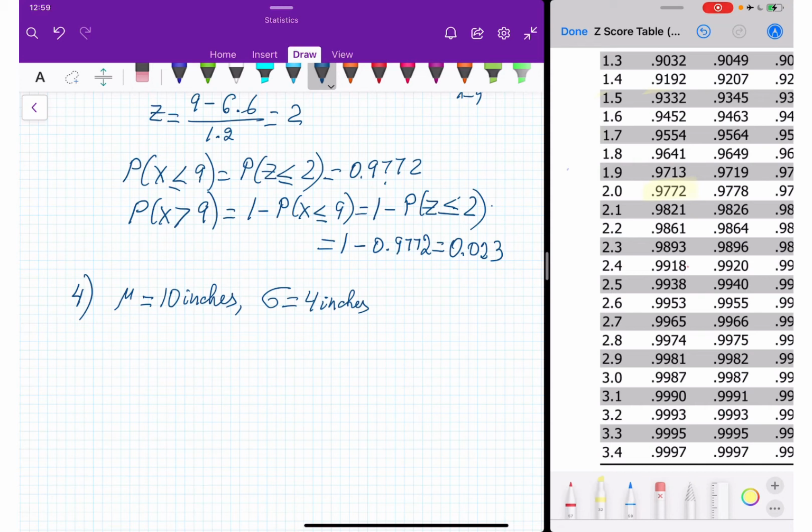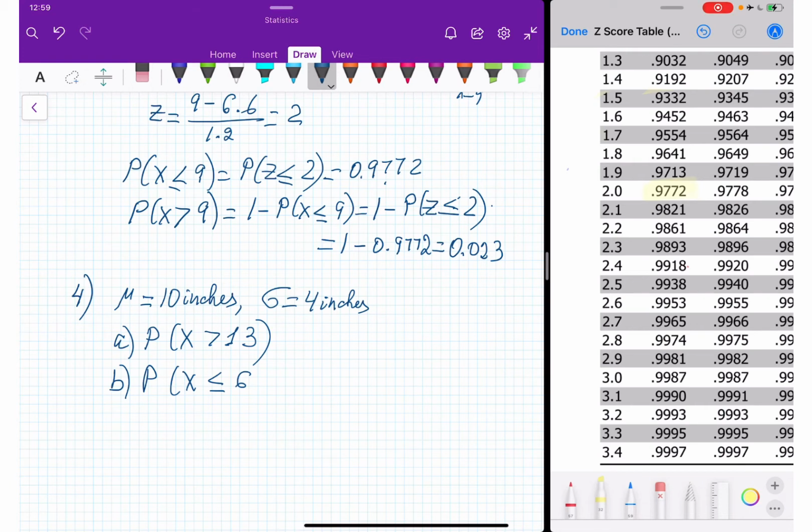So sigma equal 4 inches. Now we need to find how many percent, which is probability, of the fish are longer than 13 inches. So length of x is greater than 13 inches. And B, we need to find the probability for length of fish. If fish are randomly chosen, about how many are expected to be shorter than x, which means x shorter than 6 inches.